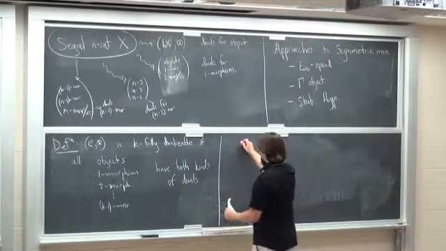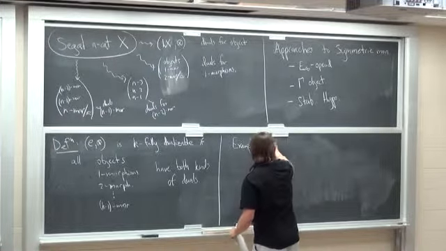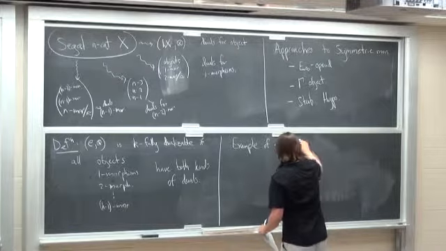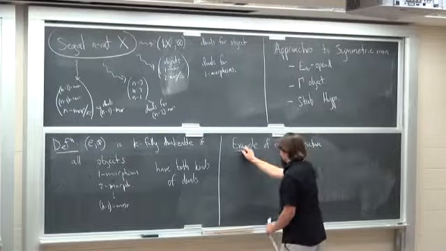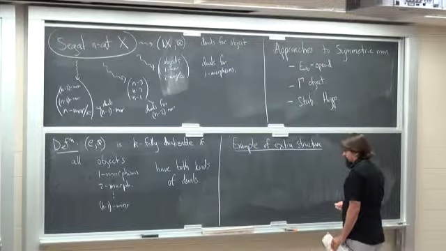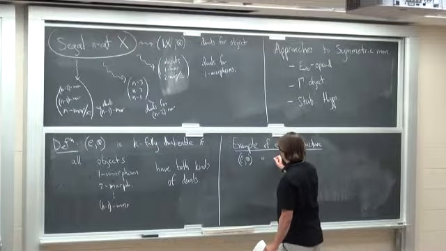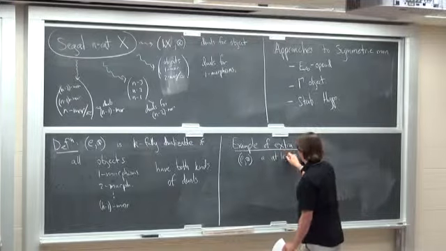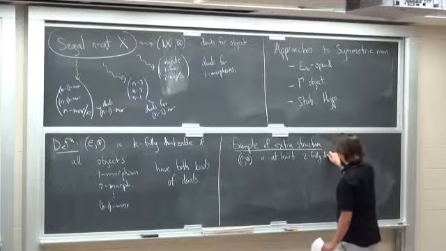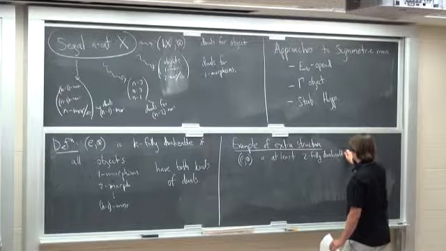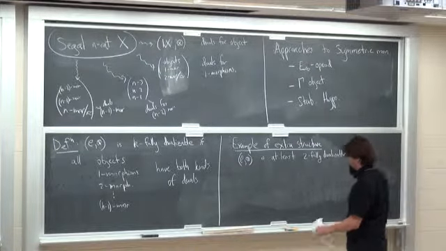Here's an example of extra structure. Suppose that C is at least 2-fully dualizable. So we have duals for objects, and we have duals for one morphisms.